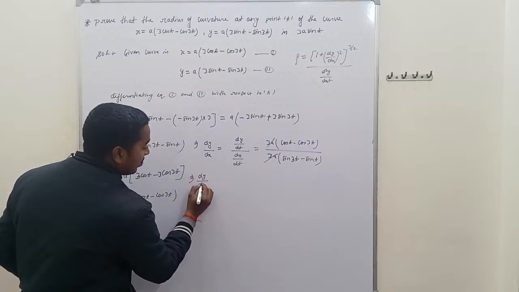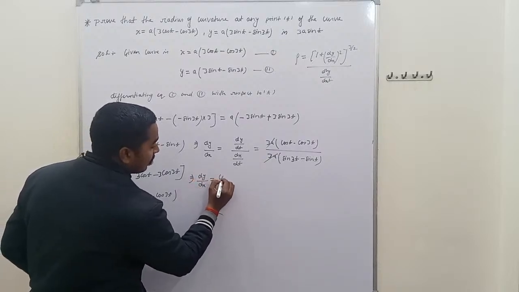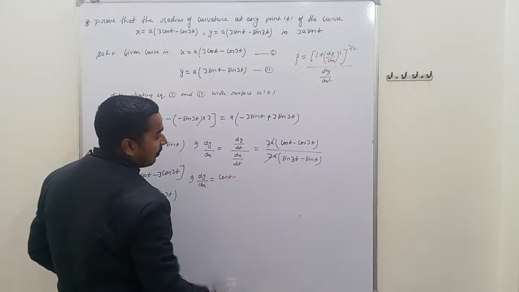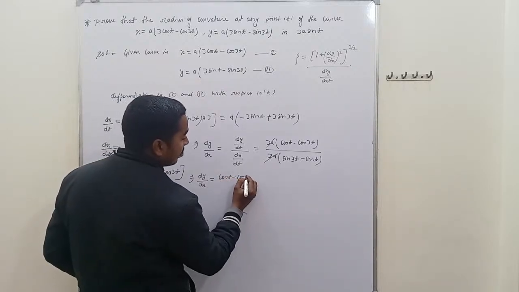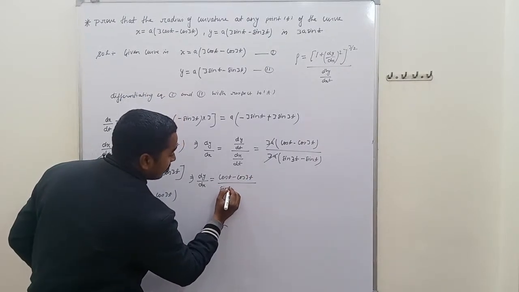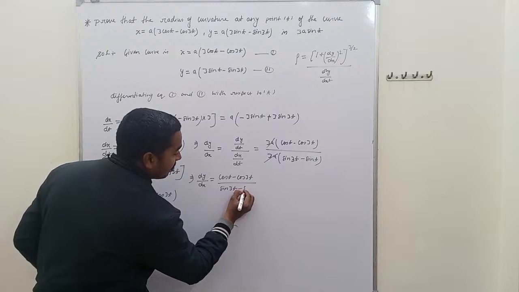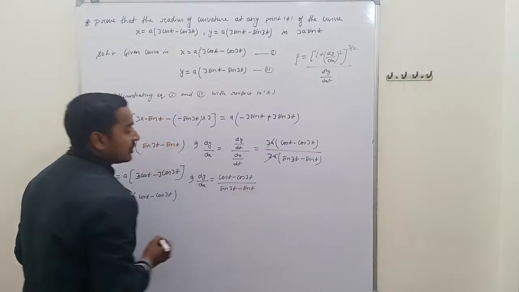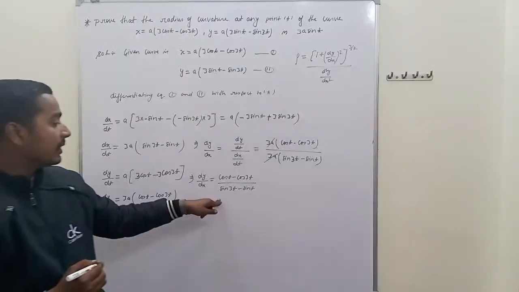This gives dy upon dx is equal to (cos t minus cos 3t) upon (sin 3t minus sin t), and we use the formulas to simplify the given terms.